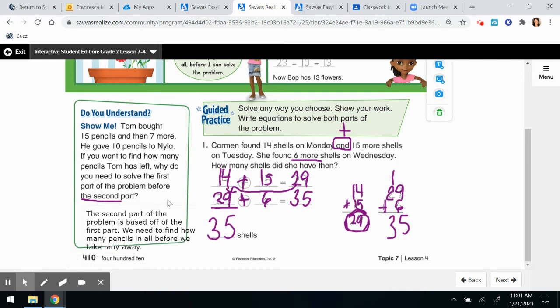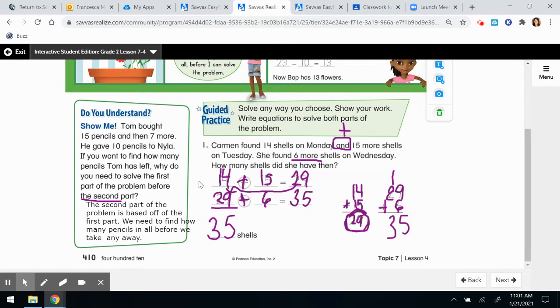And I know that's a lot of writing and they didn't give you a lot of space, so just try to fit that the best that you can. We need to solve the first part first because the second part of the problem is based off of it. We need to find out how many pencils there were in all before we could take any of them away.